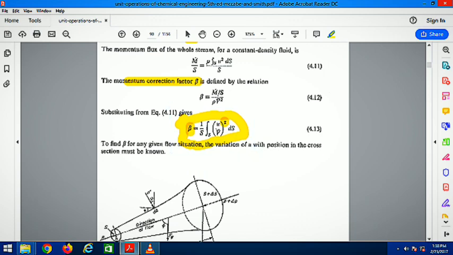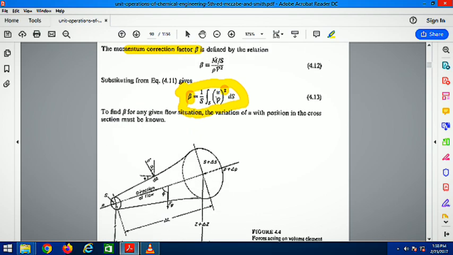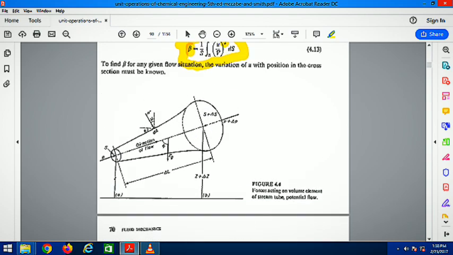Remember, it is square for beta, and it will be cube if it is alpha. Alpha is the kinetic energy correction factor, which we will surely get in Bernoulli's equation afterwards.